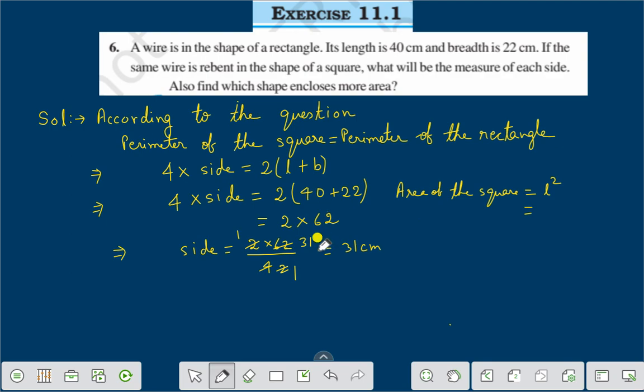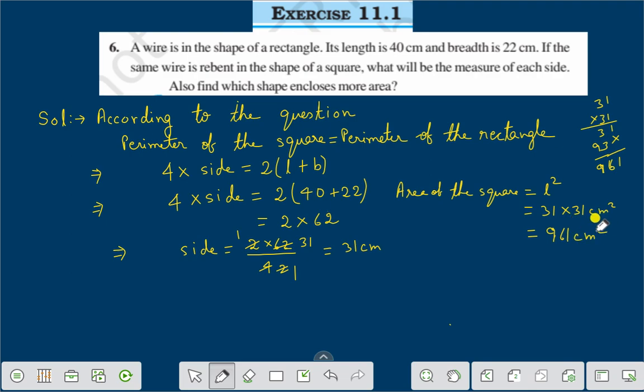That is 31 into 31 centimeter square, which equals 961. Therefore, the area of the square is 961 centimeter square.